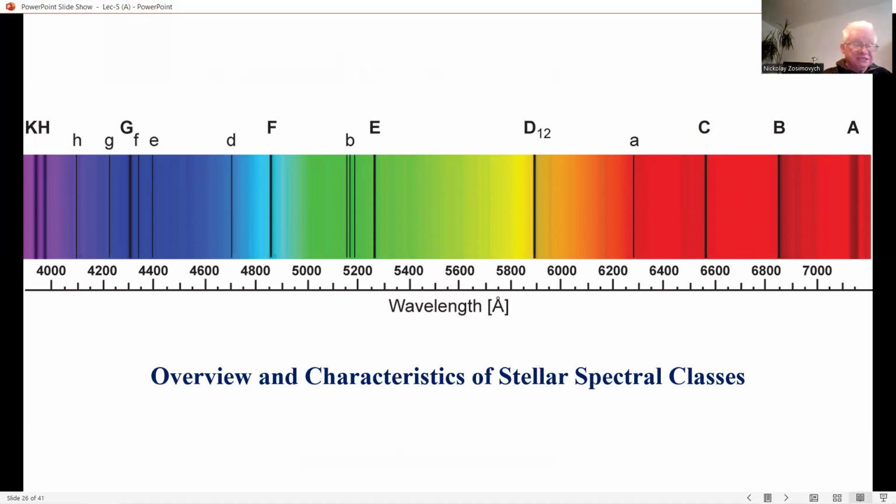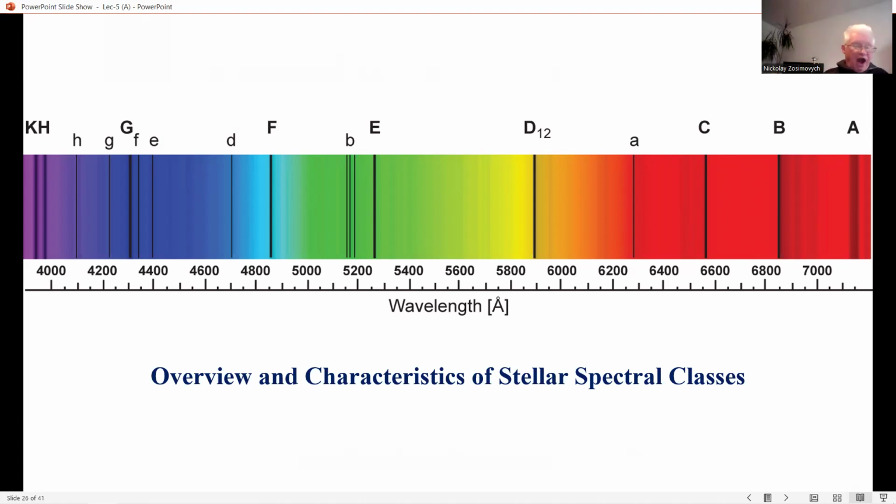For maximum precision, astronomers divide each spectral class into 10 subclasses. For example, spectral class A consists of the subclasses A0, A1, A2, and so on, up to A9. Next come F0, F1, F2, and so on.